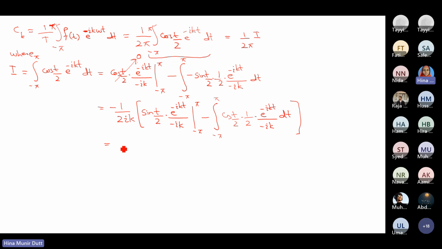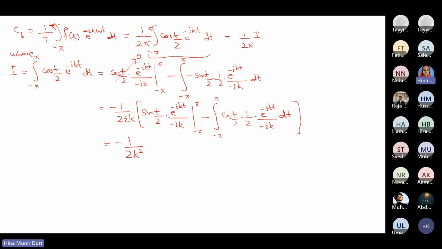Now I will multiply both sides with this minus into this minus, plus iota into this iota, iota square is minus 1. So again I have a minus sign over here, and k multiplied by this k is there.